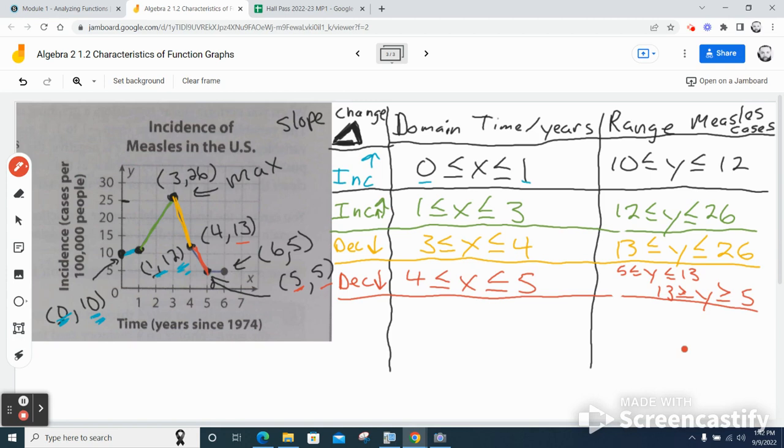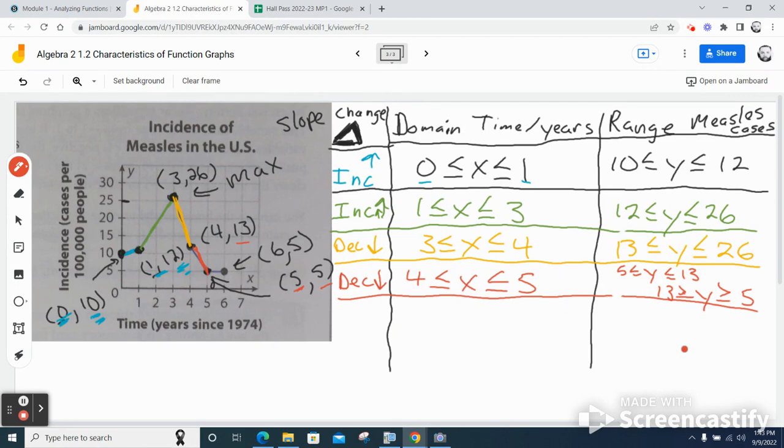Yes? I can't hear you, the fan's blowing in my ear. What's that? Why was 13 changed to 26? Well, because the value for y, because we've written it this way, the lower bound goes here, right? So when we look at this, we only want to know in this chunk, what is the lowest y value? It's 13.